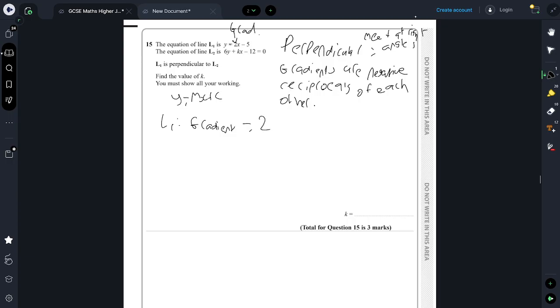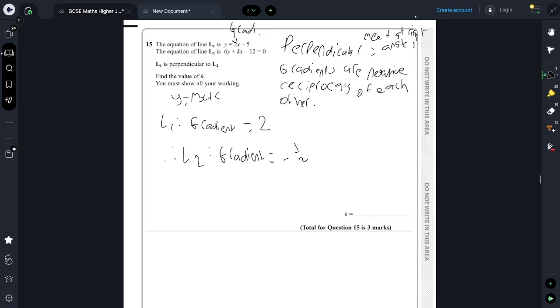Therefore, for L2, the gradient has to be minus a half. So what you do is take the reciprocal, a half, and minus it. You can check you've done it right because if you times the gradients together, you should always get minus 1, which is what you get here. So this means that they are perpendicular.